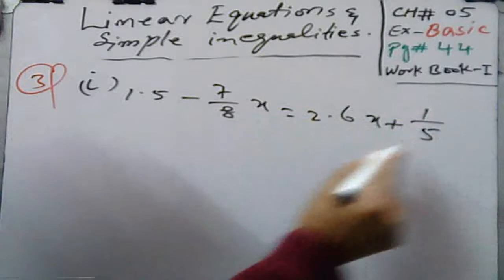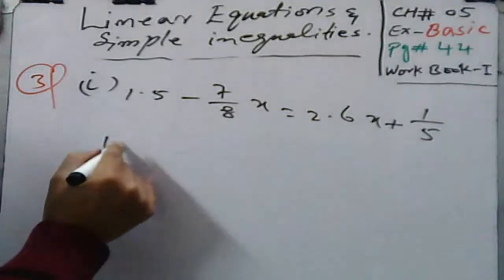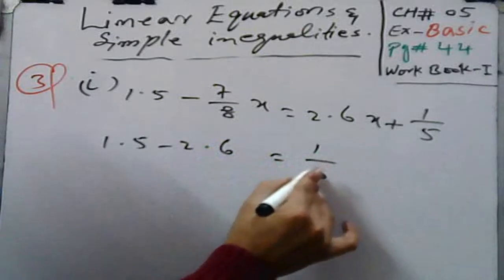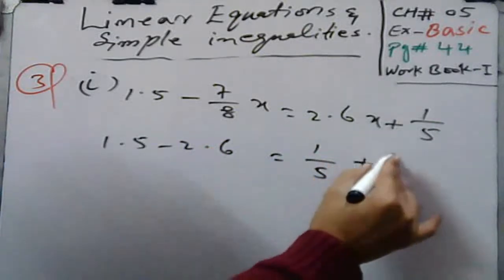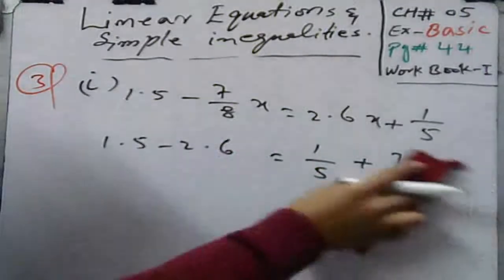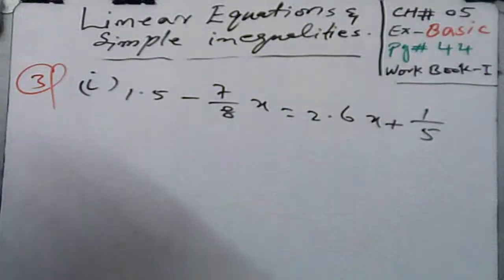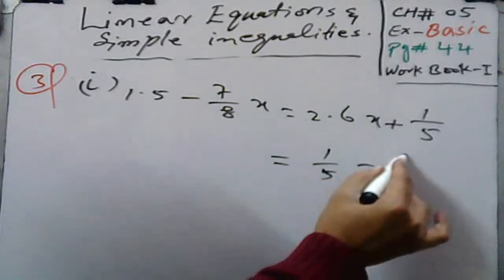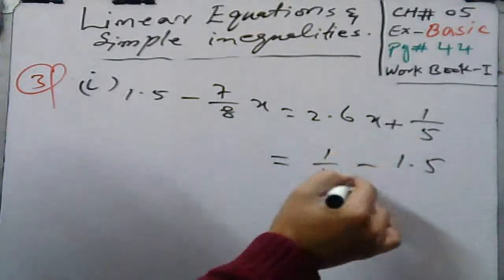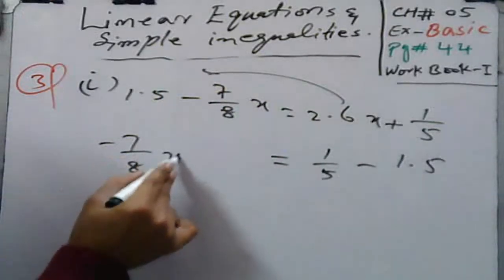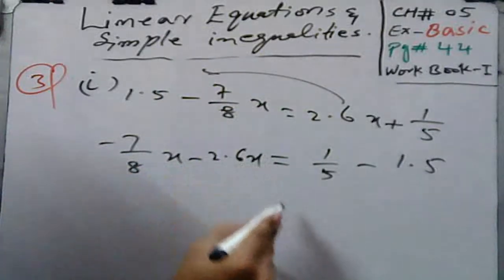Shift the constant value to one side and the variable to the other, so that x is on one side. Here 1 by 5 minus 1.5, and minus 7 by 8x minus 2.6x.